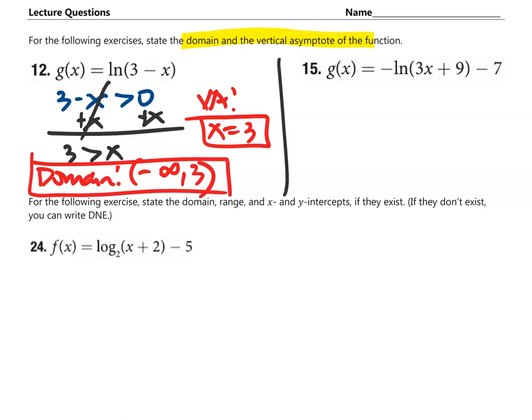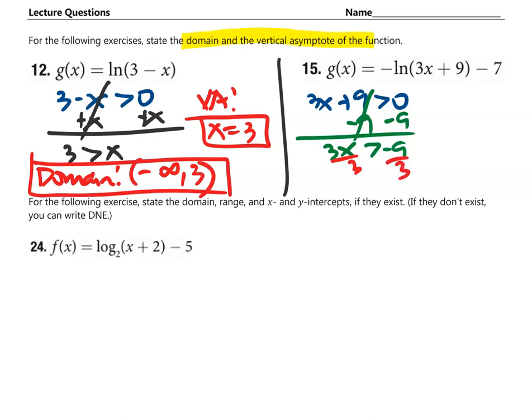G of x is equal to negative ln of 3x plus 9 minus 7. So again, 3x plus 9 greater than 0, and we can subtract 9 both sides. So 3x is greater than negative 9. Divide both sides by 3. So that is x is greater than negative 3.